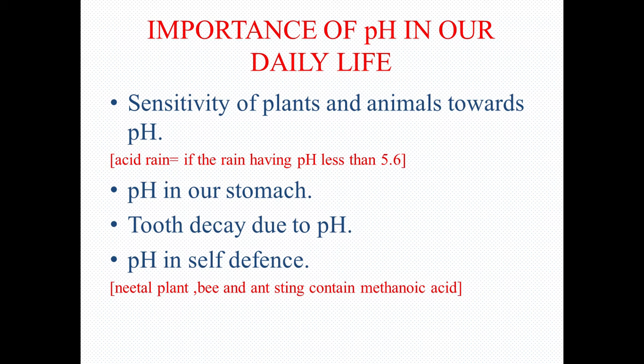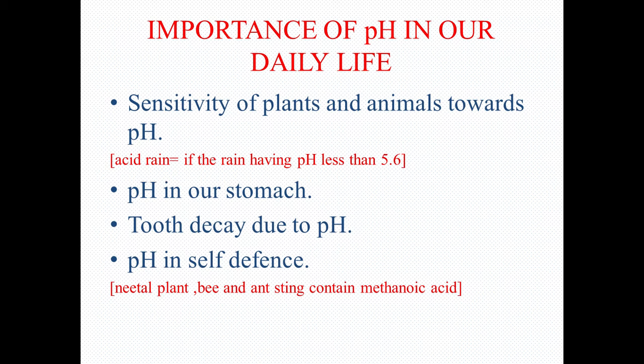Now next is pH in self defense. Plants and animals may use pH for their self defense. A specific type of acid, methanoic acid, chemically represented as HCOOH, is allergic for a number of animals.